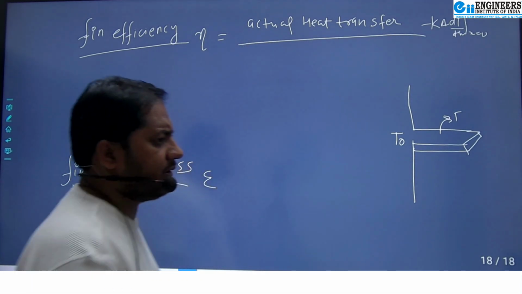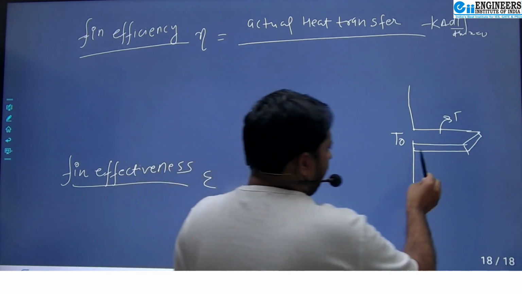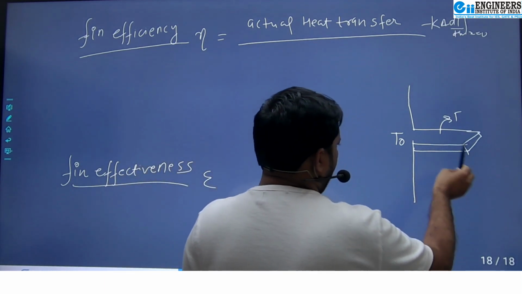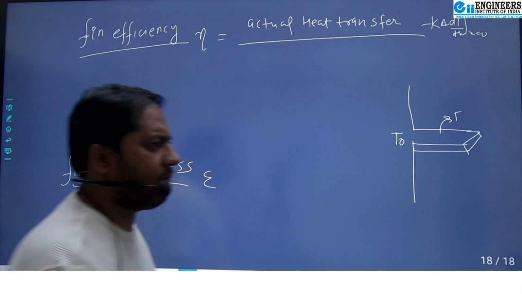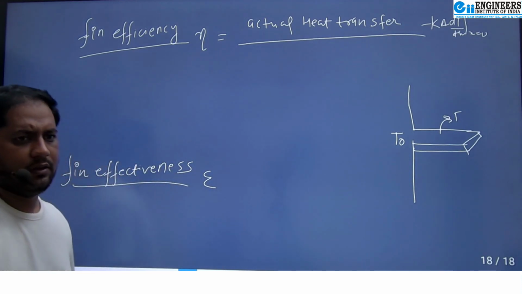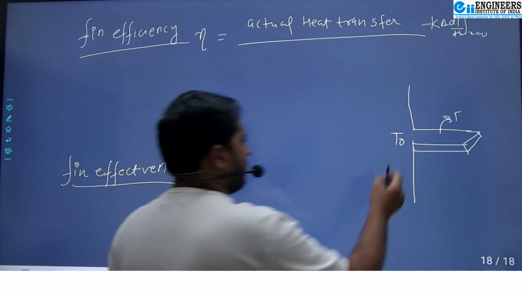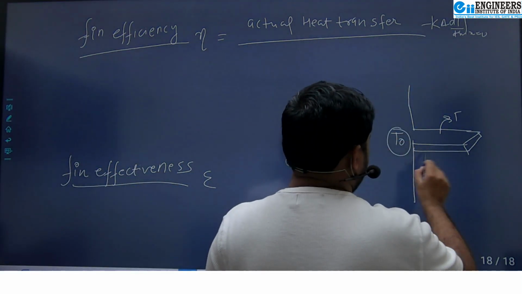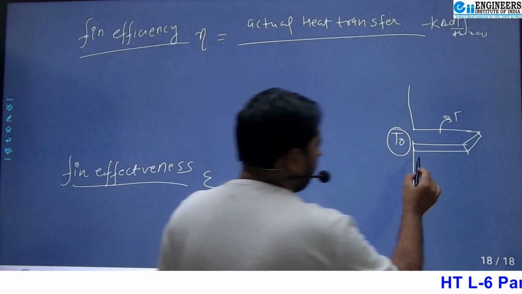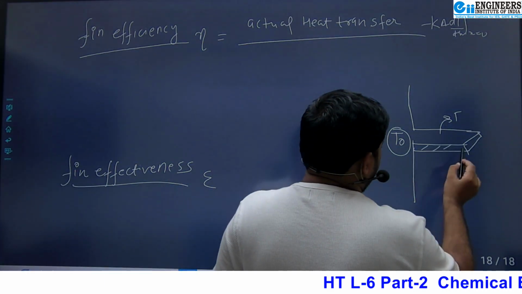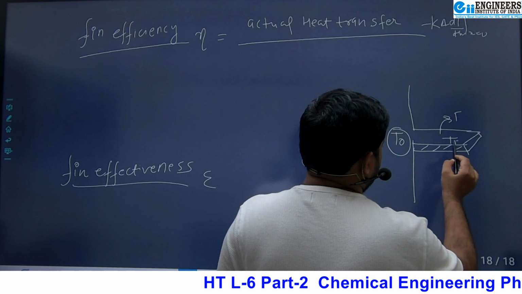What is the ideal condition? If the fin is made of such a material that thermal conductivity is very high, you can say infinite conductivity, then whatever temperature is here, there is no temperature gradient in the fin, and the whole fin reaches the base temperature T0.